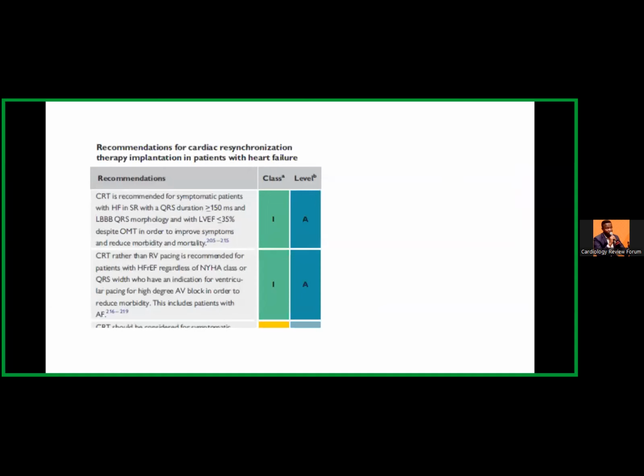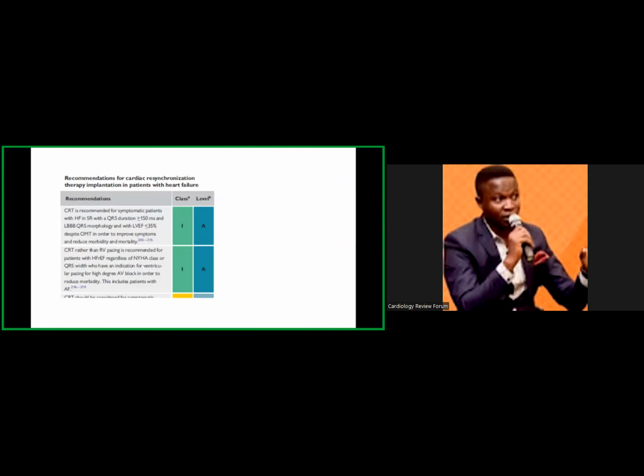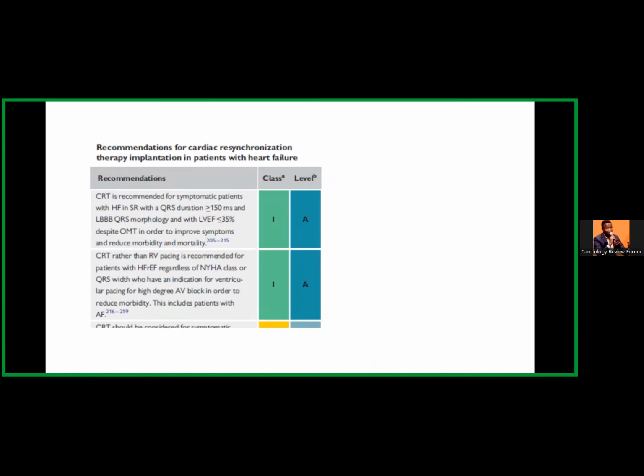So in the class 1 indication, you recommend it for symptomatic patients with more than 150. So the usual criteria is more than 150. Yeah, correct. The next one, I need to see the yellow one, the yellow point, not the green.